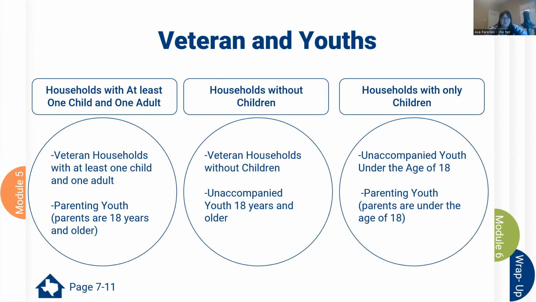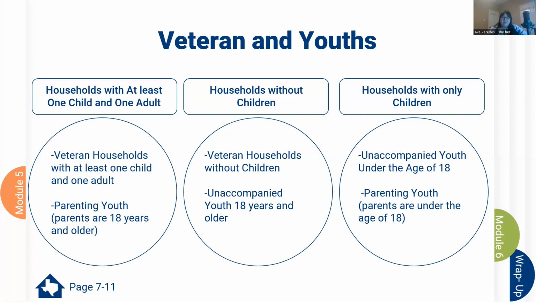And there are also two youth pages as well, one for unaccompanied youth and one for parenting youth. Unaccompanied youth are people between the ages of 0 to 24 who are unaccompanied on the night of the count, meaning that they are without their parents or guardians. And there are parenting youth who are people between the ages of 18 to 24 with at least one child under the age of 18.